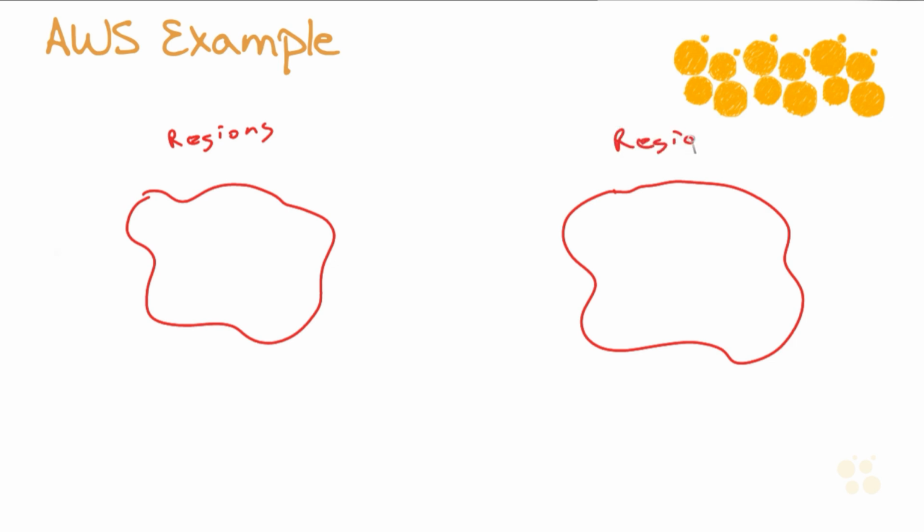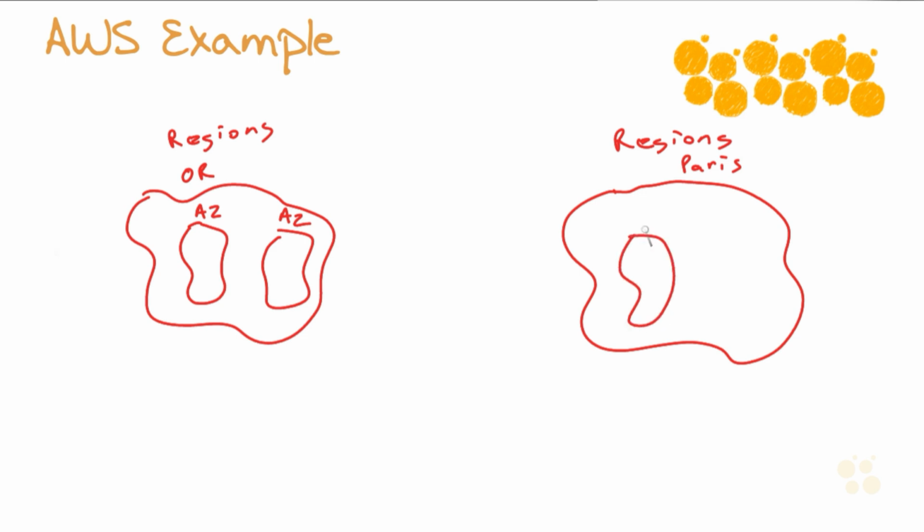So we have a region in, let's say, Oregon in the United States, and then we do Paris, for instance.